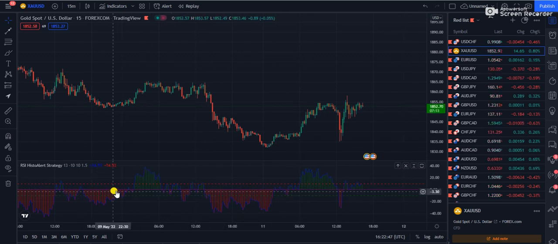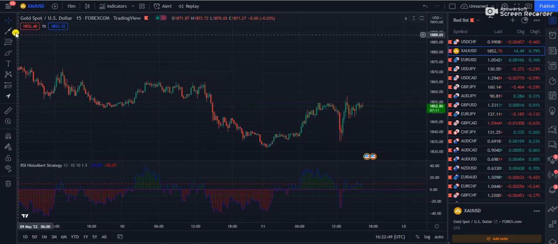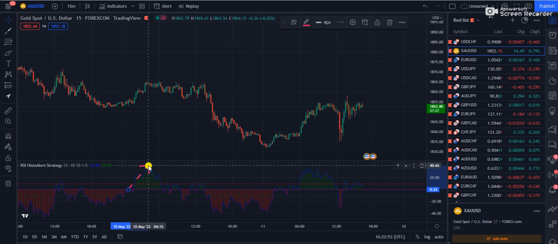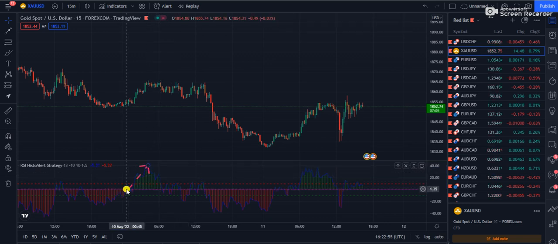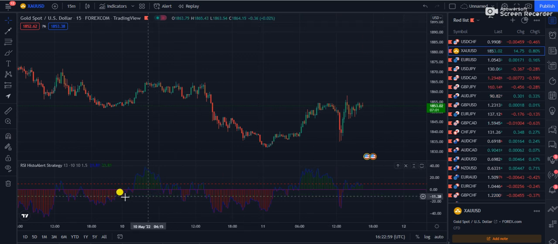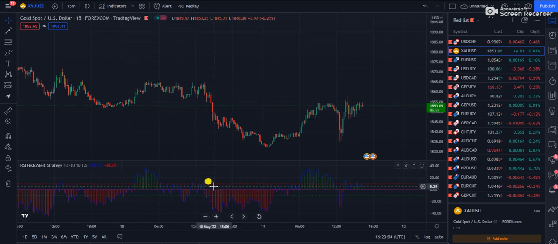So when the market crosses the red line and goes up, let me take an arrow, I can show you from here to here, then it will change its color to green, and once you are in the green pattern, you can take your buy positions. It is basically telling you the trend direction, because the trend is very important for us, and that is why most traders use RSI trading strategies.